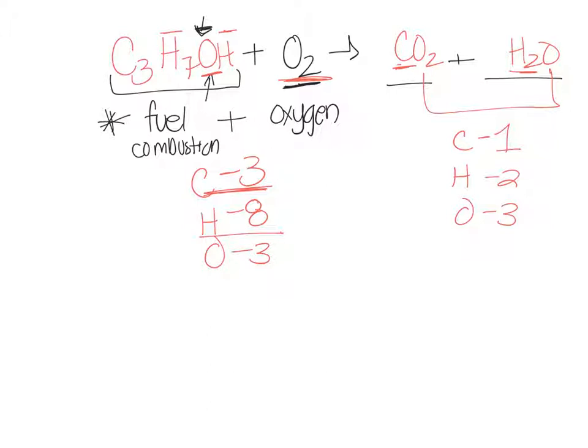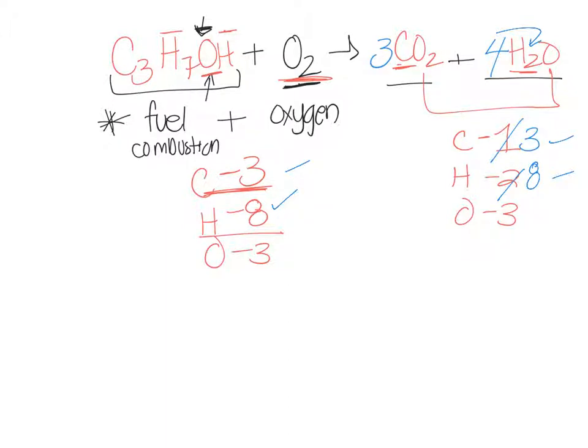Okay, so starting with the carbon and getting the carbon to balance, I'm going to put a 3 in front of the carbon. That makes this 3. I'm going to put a 4 in front of here. And this will make this 8, right? Because 4 times 2 gives me 8. So this checks, this checks, this checks, this checks.